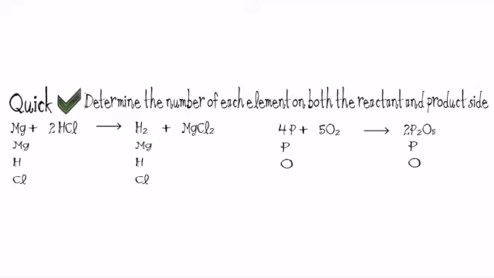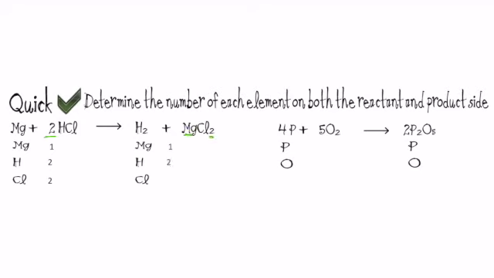So determine the number of each element on both the reactant and product side using these balanced equations. So magnesium, there's 1. Hydrogen, there are 2 because of the coefficient. And chlorine, there are 2. On the product side, we have 1 magnesium.